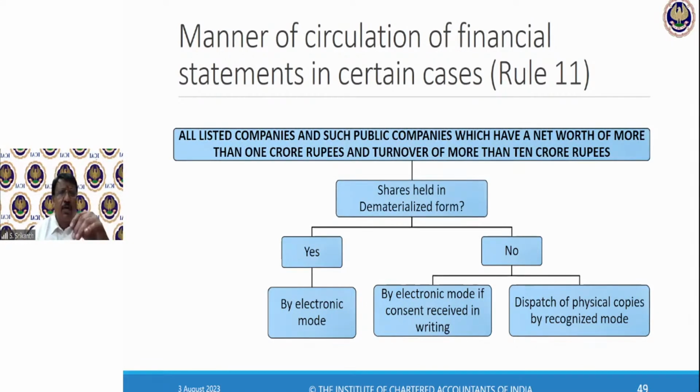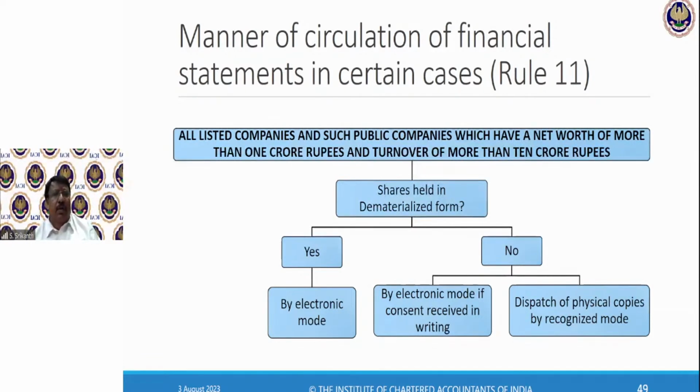Many unlisted companies will have a net worth of more than 1 crore. And it's not only paid up capital, net worth includes other things also, right? Your reserves, securities premium. When you add everything, easily it will go to 1 crore. And turnover of more than 10 crore. So either a listed company or a public company having net worth of more than 1 crore and turnover of more than 10 crore. This is common.